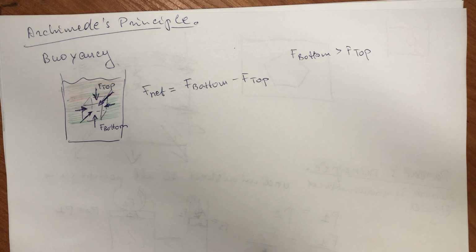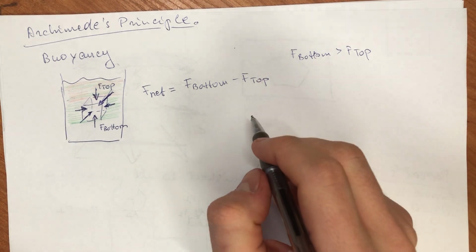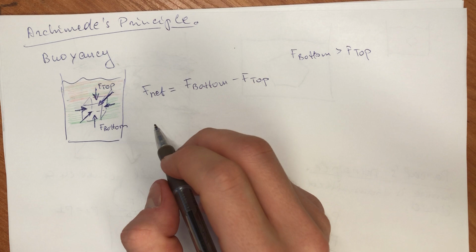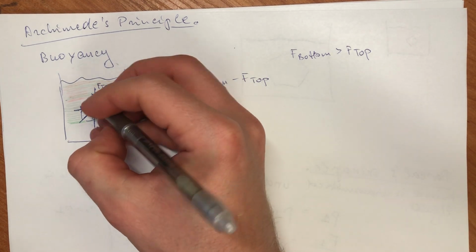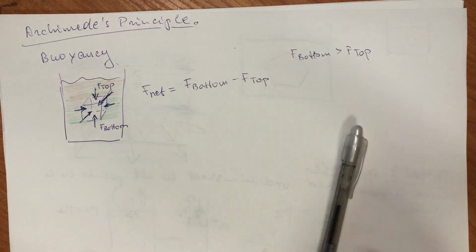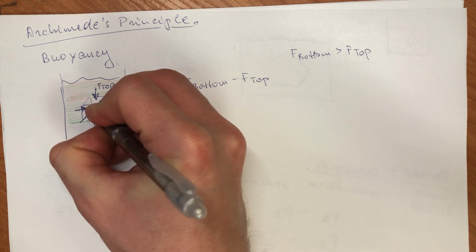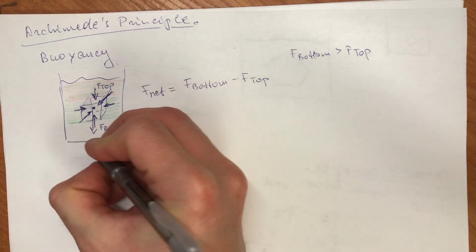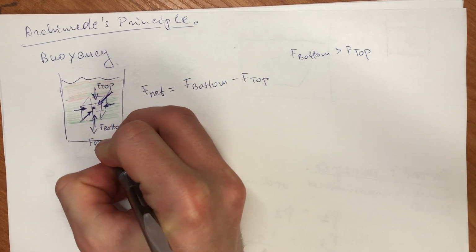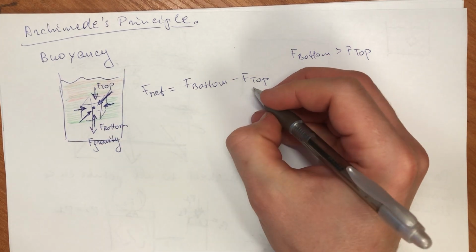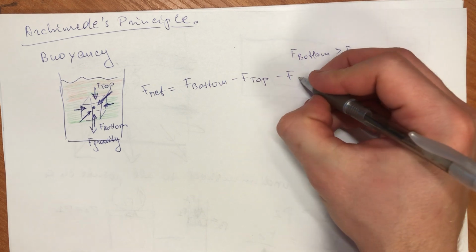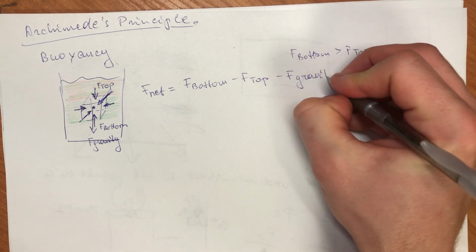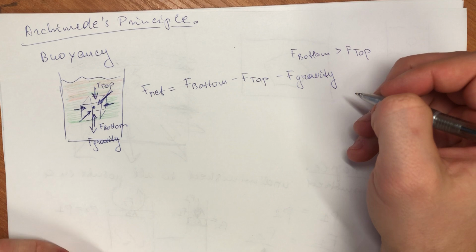There is also gravity pulling down on this object. If we have the center of this object, there is a gravity force pulling it down. So F bottom minus F top minus F gravity.